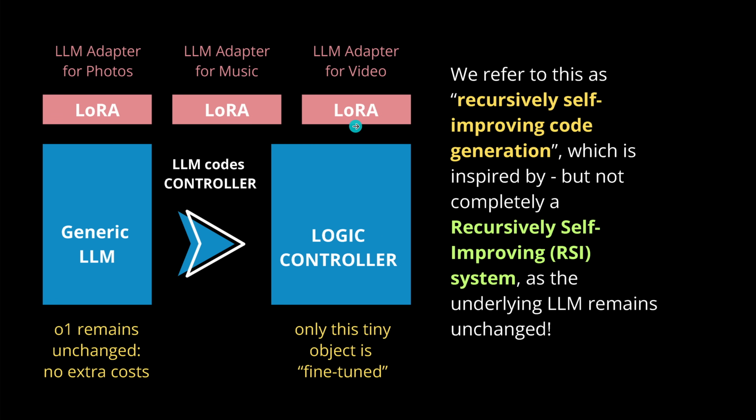This is so much more cost-effective for OpenAI or Google or Microsoft or whatever. And you see, this is nice. Of course, for you as a user, the price point is a completely different object. Yeah? But it's nice because this architecture allows only this tiny object to be fine-tuned, and this can be done within a very short amount of time. Great. Now we understand why Microsoft says, hey, I like this idea.